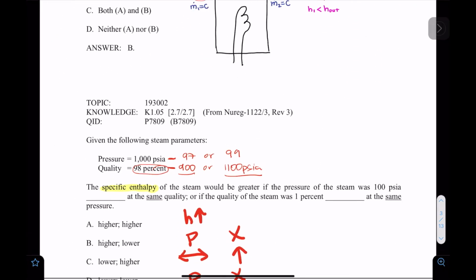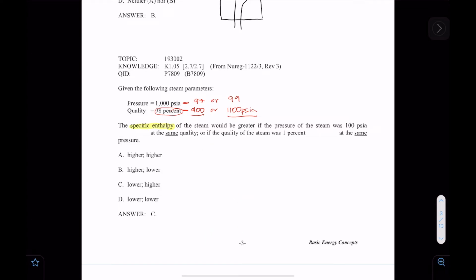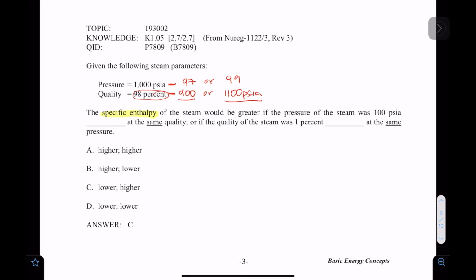Now, we're going to have this other question here. This is kind of like how I approach it. So we're going to have the parameters from the question P7809, which is telling us, given the following steam parameters, we have pressure 1000 psia and quality 90%.